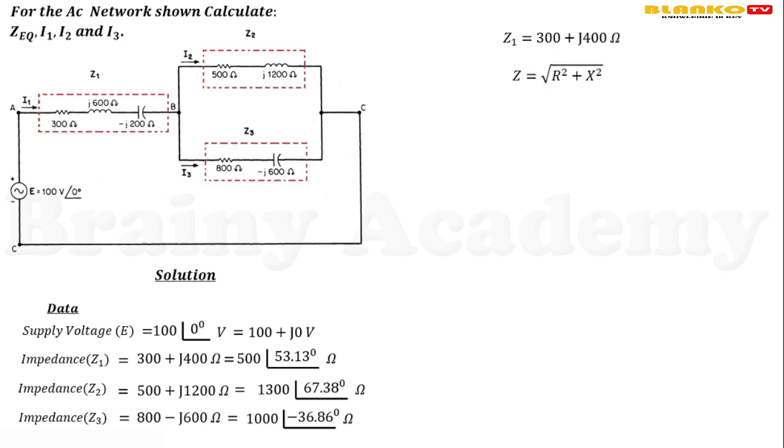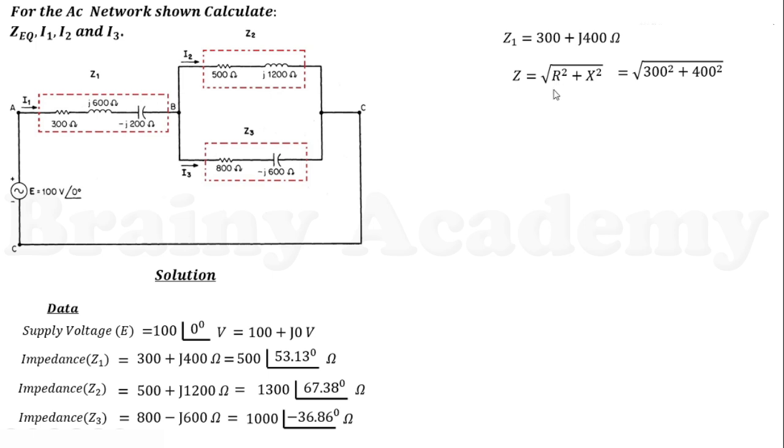To find the magnitude, we use the formula, the square root of R squared plus X squared.